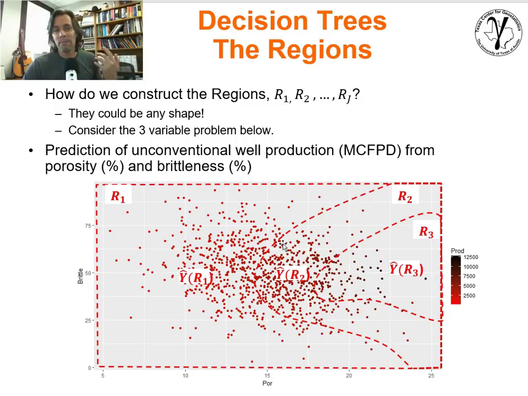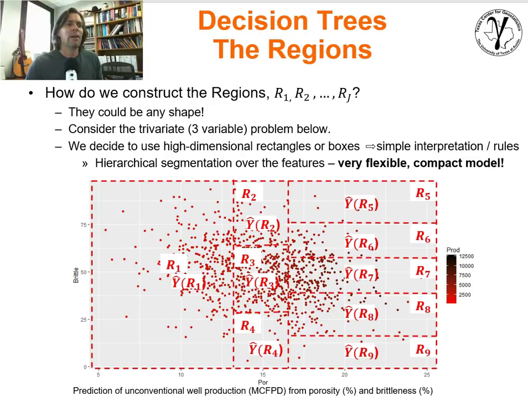We could do it, and there are methodologies that are able to do that type of segmentation, that's curvilinear and so forth. Support vector machines would be one example of a method that can do that. But we want a methodology that's very simple. We want it to have very easy to understand interpretation and rules, and we want it to be very compact, so that the model at the end of the day is a very simple model to understand.